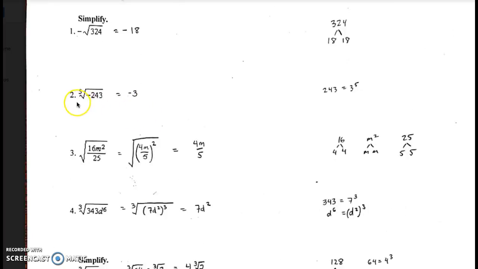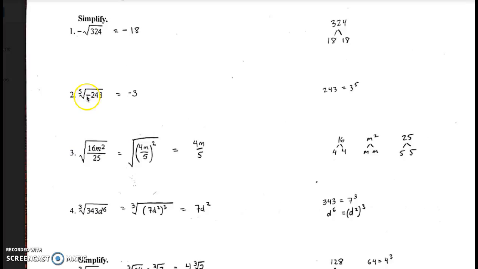For question 2, we have to do the fifth root of negative 243. Again, 243, if you break it down to its factors, is just 3 to the fifth power. Because we're doing the fifth root, and this is 3 to the fifth, our answer is going to be 3.